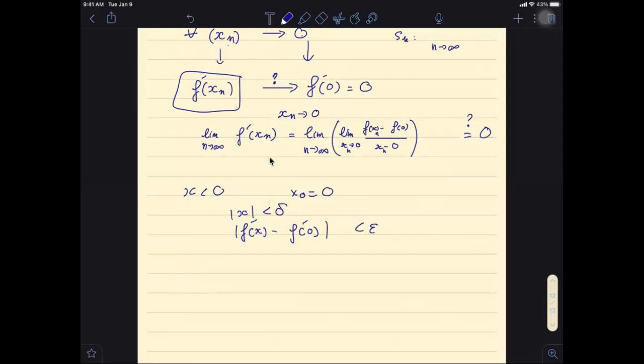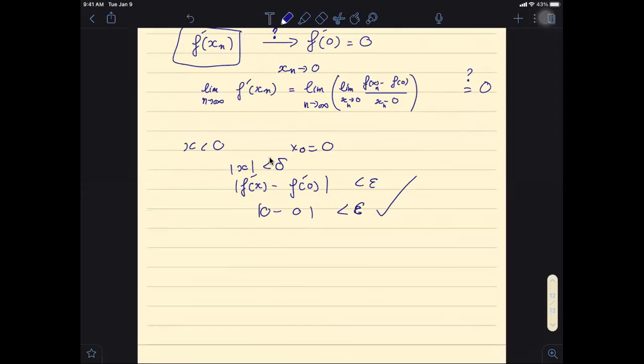Okay. Then take 0 minus 0 less than epsilon always. Then we're done with x less than 0. Yes. What about x greater than or equal to 0? How are you gonna do that?